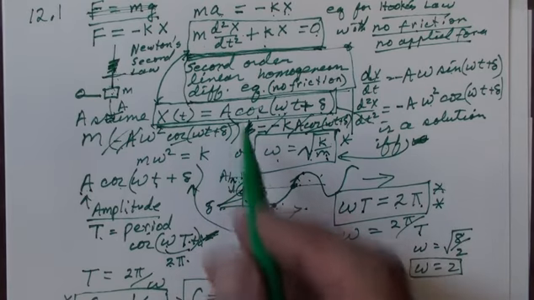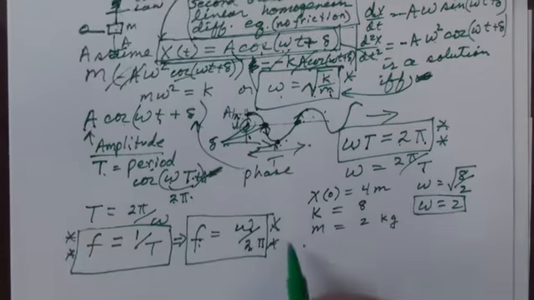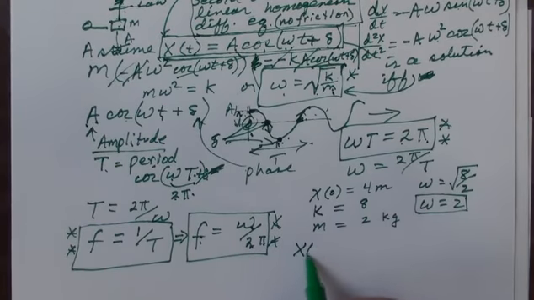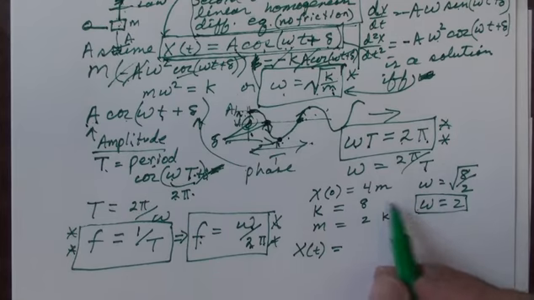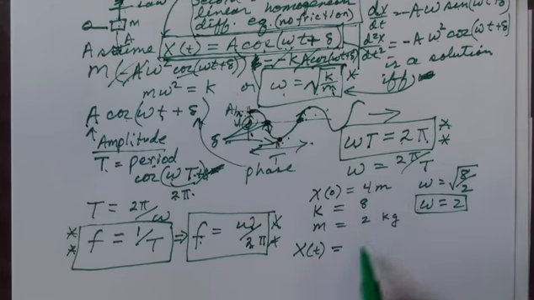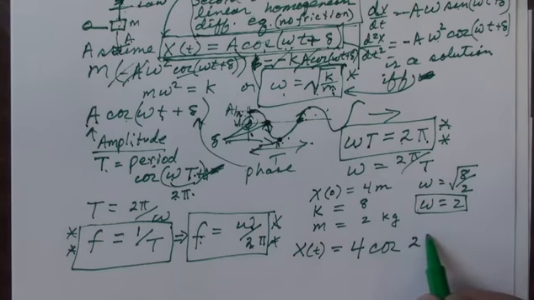What is our solution going to look like? Our solution is going to look like x of t is equal to A, the amplitude. Well, what is the amplitude? Remember, I pulled it in the positive direction by 4 meters. So the amplitude will be 4 times the cosine of omega times t, that's 2 times t, plus the phase.